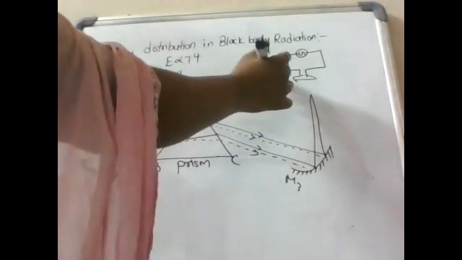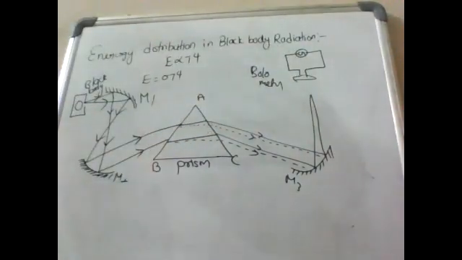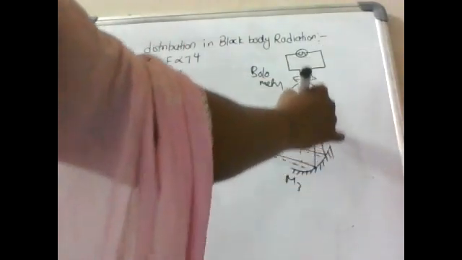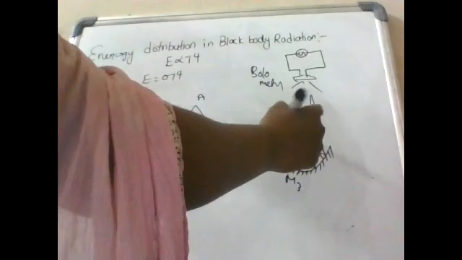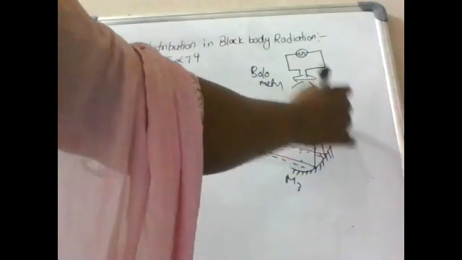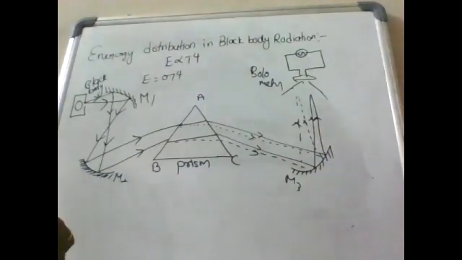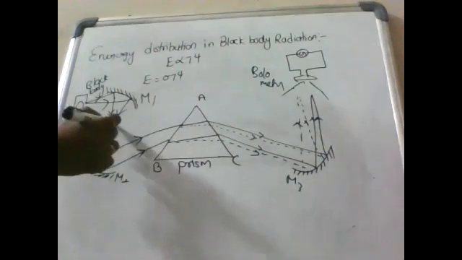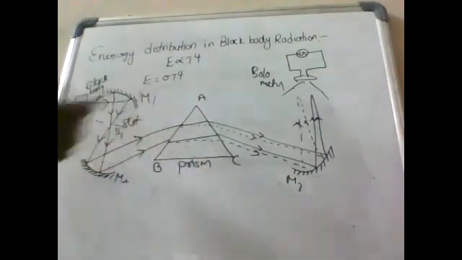So this is the bolometer. This is the diagram for energy distribution in black body radiation. We have to prove that capital E equal to sigma T power 4, where sigma is Stefan's constant and T is absolute temperature. Here we have slit S1.